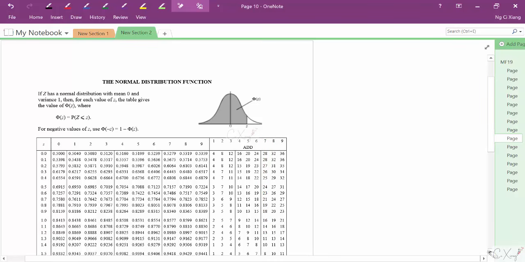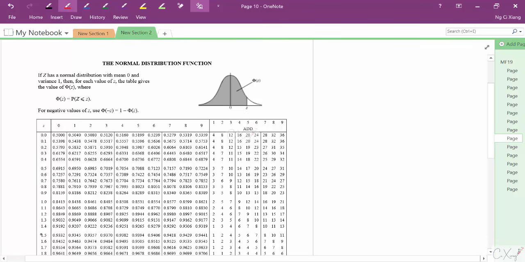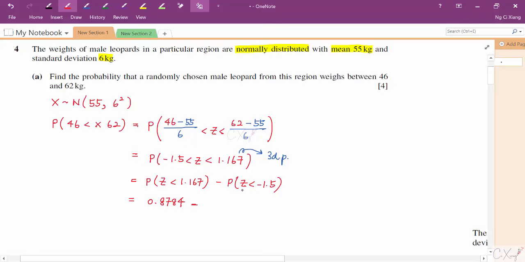For the value of 1.5, the answer we get is 0.9332. This 0.9332 is for the area where z is smaller than 1.5, and now we want z smaller than negative 1.5. Using the area of the normal distribution, you need to take 1 minus 0.9332 to get the area for z smaller than negative 1.5.